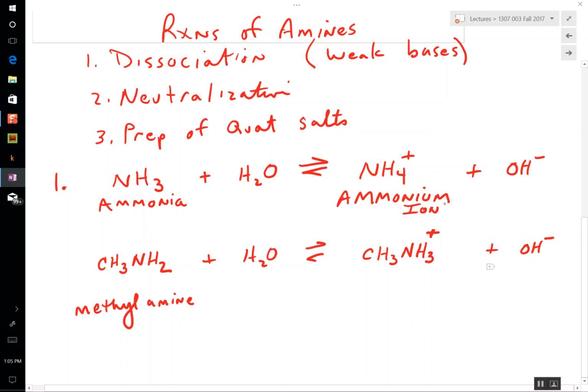NH4 plus is the ammonium ion. This is going to be the methyl ammonium ion. Methyl ammonium ion.